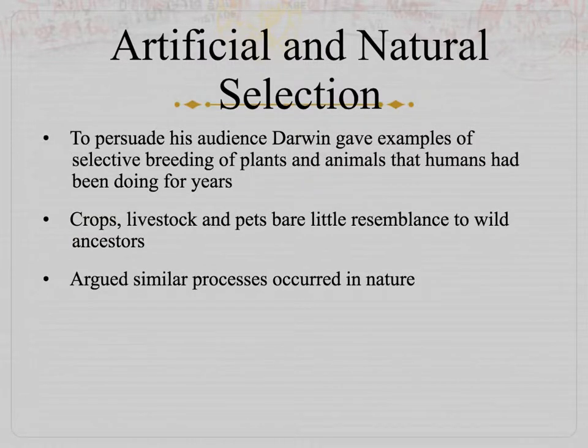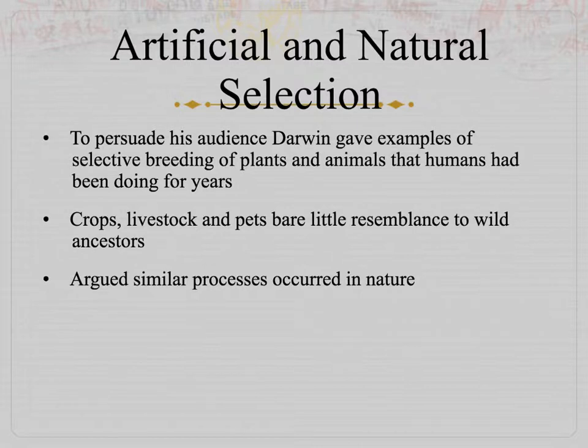Okay, so artificial and natural selection. In his book, to persuade his audience, because he wanted to win people over to what he was saying, Darwin gave examples of selective breeding that humans had been doing for hundreds of years with plants and animals, choosing the characteristics that they liked and making that plant or animal breed to make more.